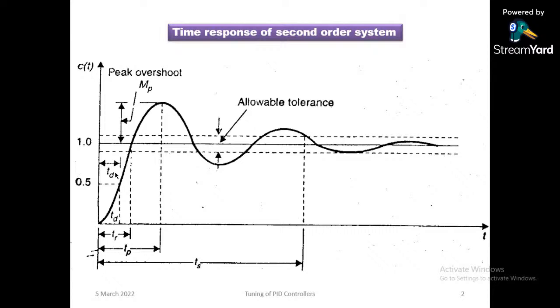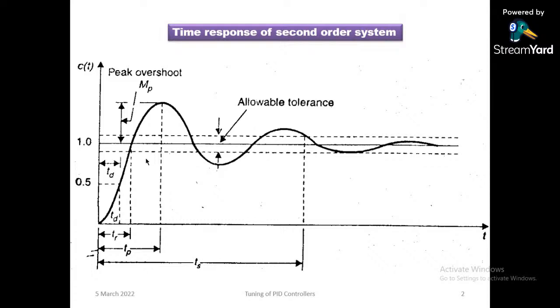One is the transient response, second is the steady state response. In the transient response, the parameters are peak overshoot, settling time, rise time, peak time, delay time, etc. In the case of steady state response, once the transient response completely vanishes, then the steady state response will start.